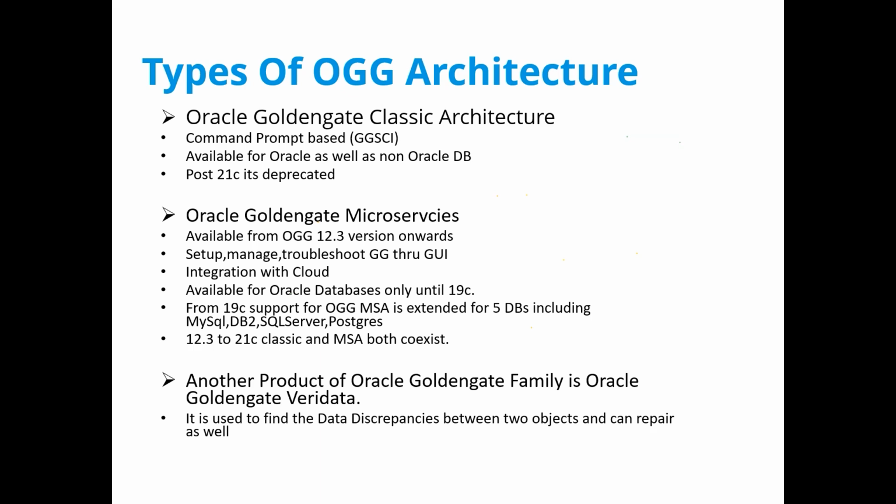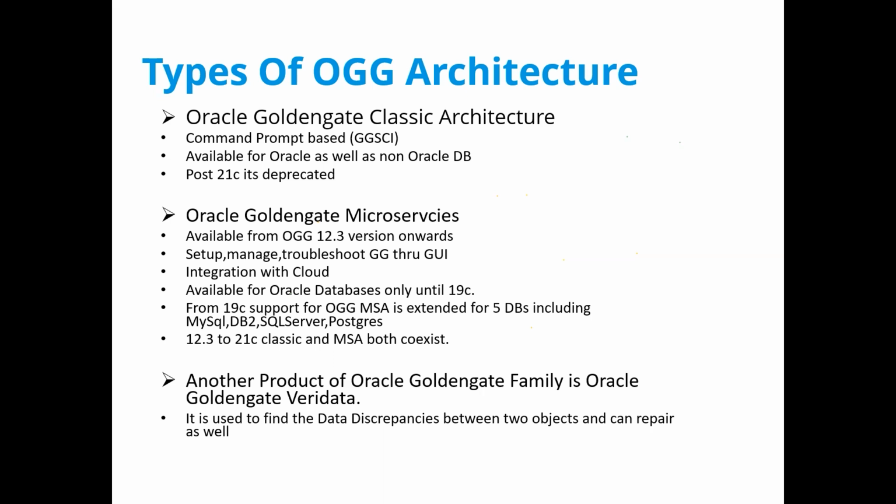Veridata is a product whose latest version is still on 12.4 something, so Veridata is still on 12c. It connects to source and target databases. It supports Oracle as well as non-Oracle databases like SQL Server, MySQL, DB2, Postgres. You just need to connect to your source and target database, then run the data discrepancy job.